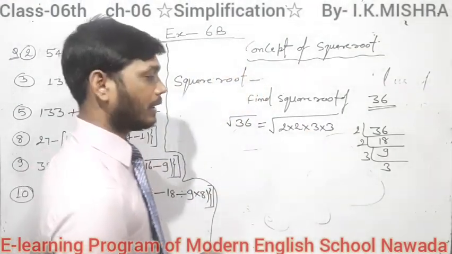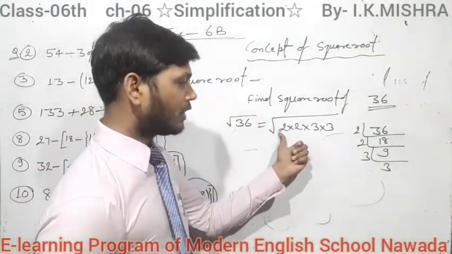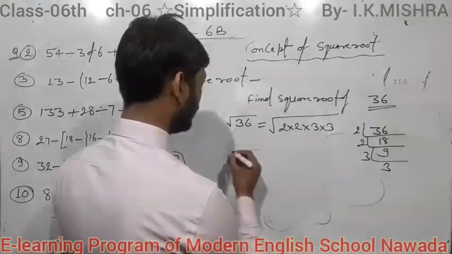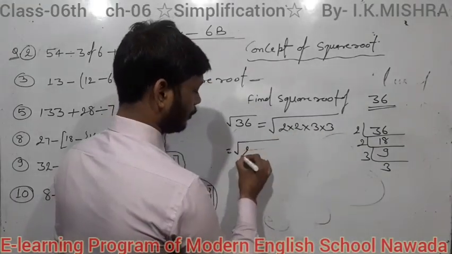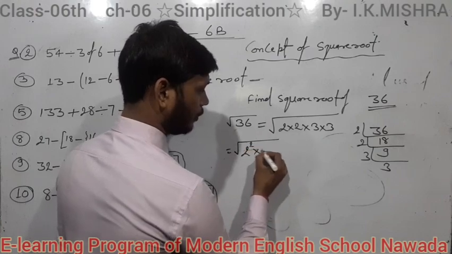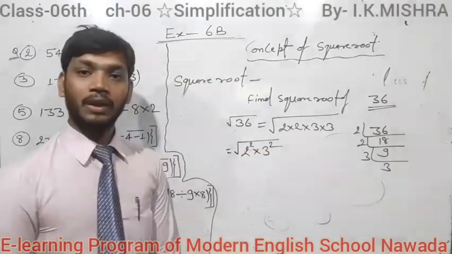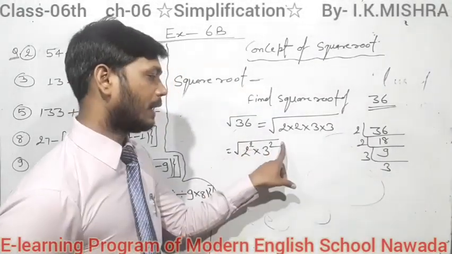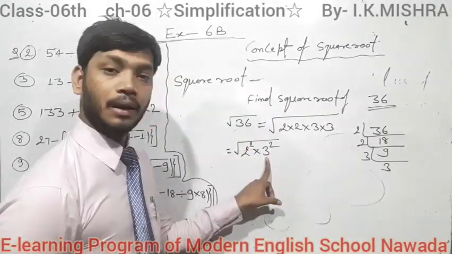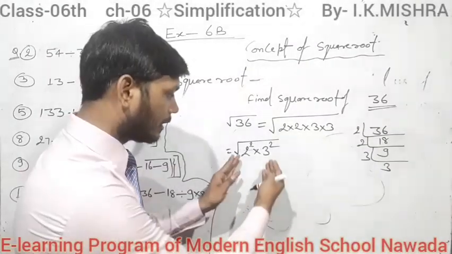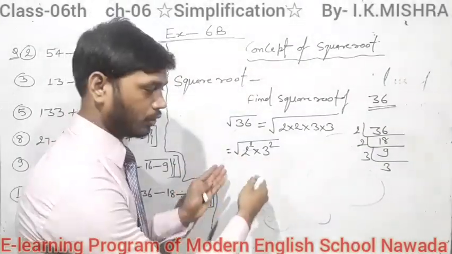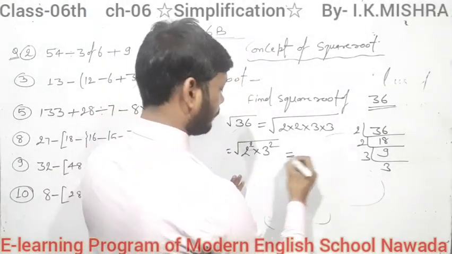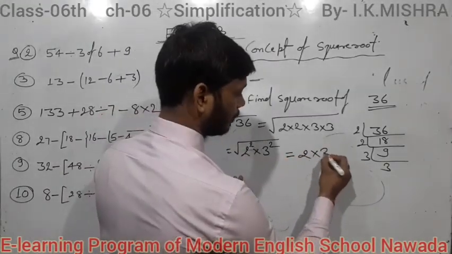And students, here you observe each prime factor has a pair of 2. That means it will be written under root 2 square into 3 square. Friends, here 2 square and 3 square, two numbers having a square, so they will come out from the root. So the square root is equal to 2 into 3.